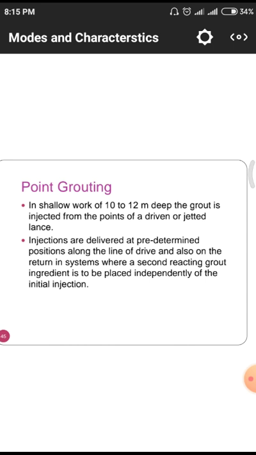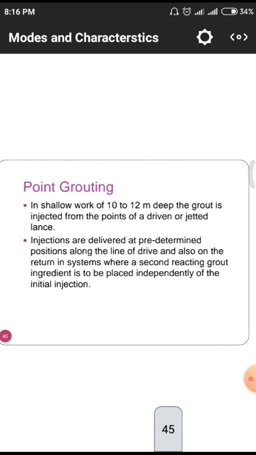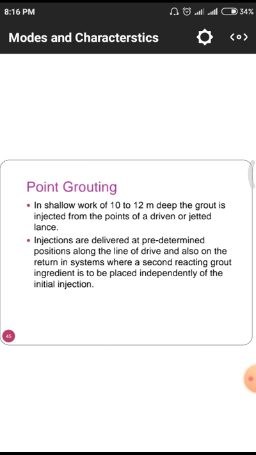In point grouting, in the first stage we fill up to half of the content of the void. In the second stage we fill the total content. It is the major difference compared to other grouting processes. Why? Because here we are using shallow depths, 10 to 12 meters, and for filling such heights the material will set at initial times.